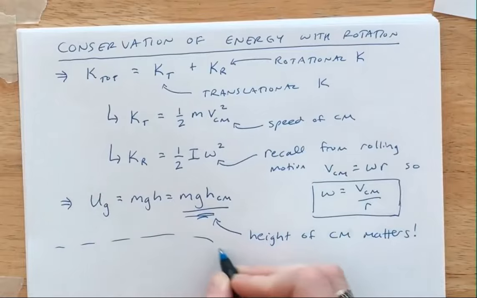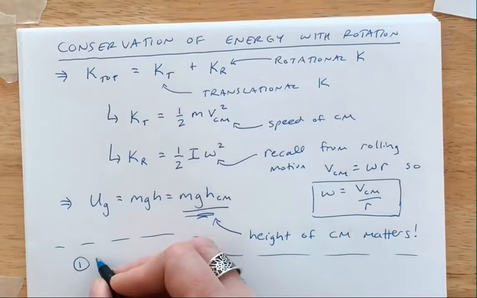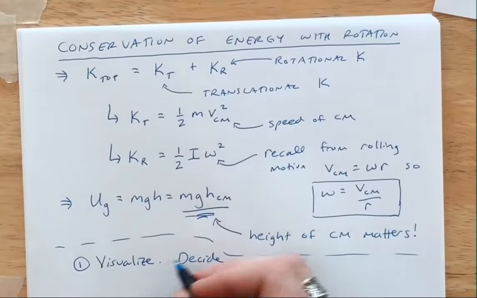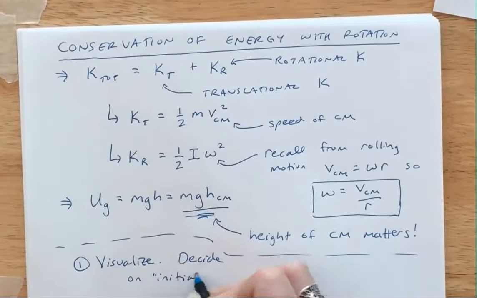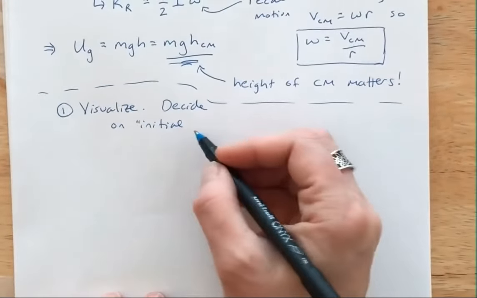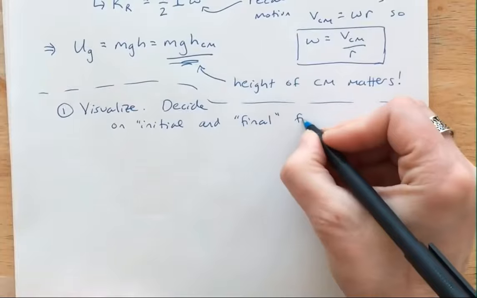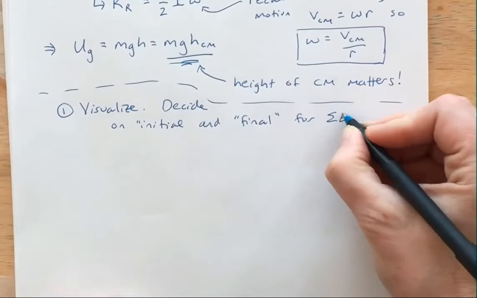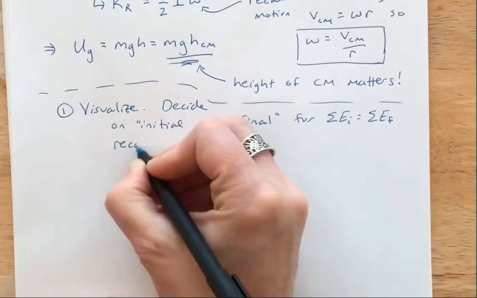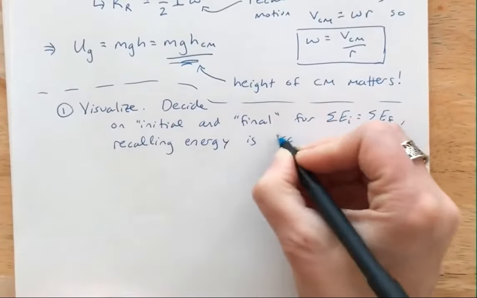So in order to look at how our steps will work, again, you're going to visualize the problem, as we always do, and then decide on your initial and your final, for this idea that our total initial energy would equal our total final energy, recalling that energy is a scalar.